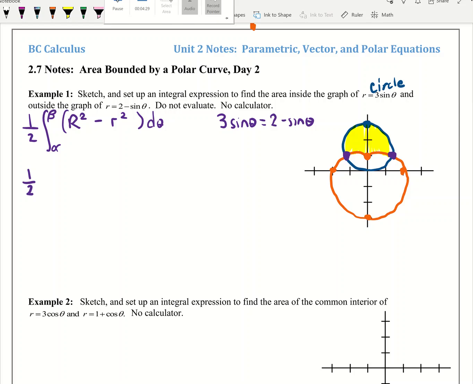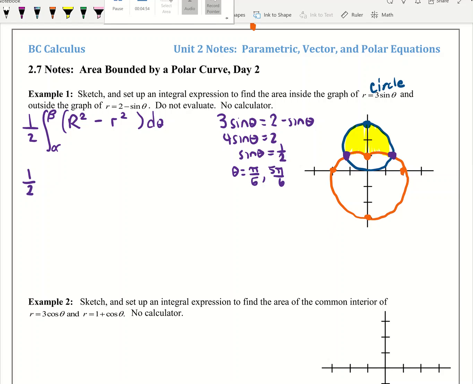I'll combine like terms on the same side. I'd have 4 sine of theta is equal to 2, and I'm looking specifically where the sine of theta is equal to positive 1/2. So I'm looking in the first and second quadrants. Well, that's going to happen when theta is equal to pi over 6 and 5 pi over 6. Those are going to be the limits of my integration.